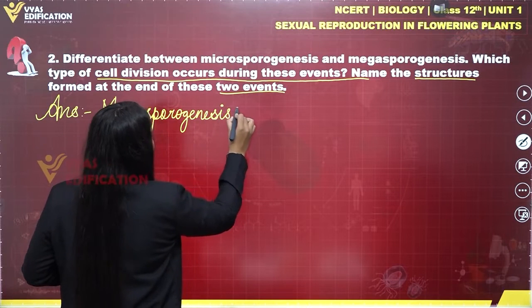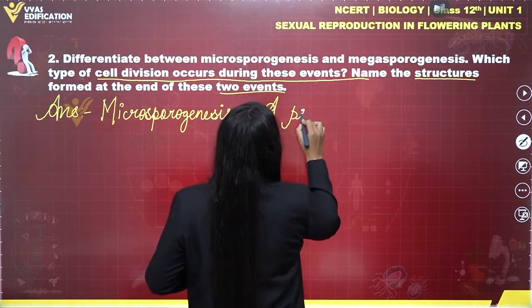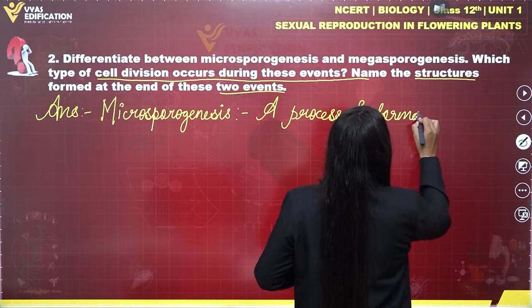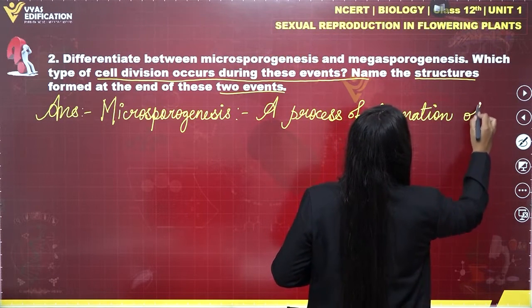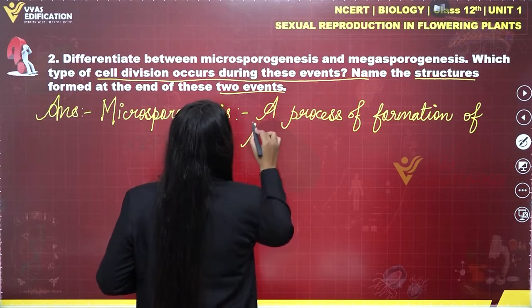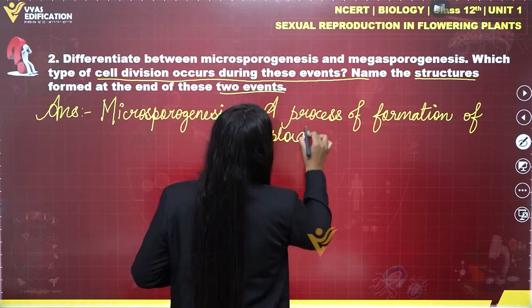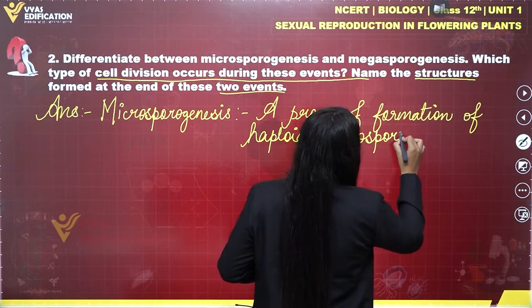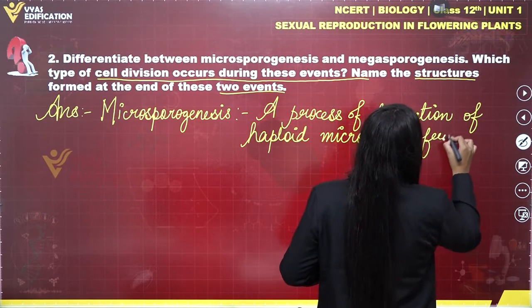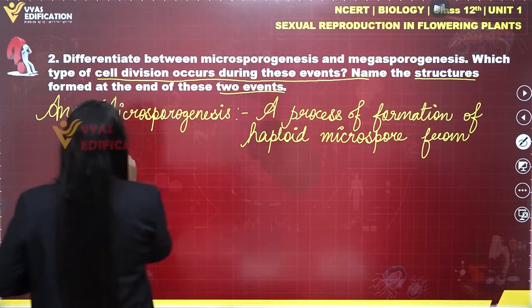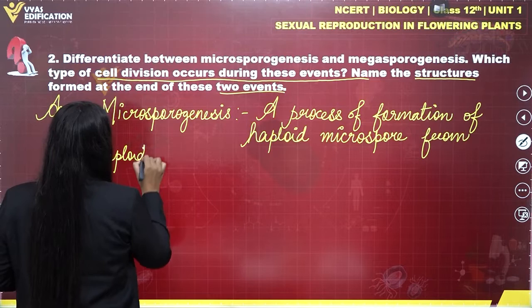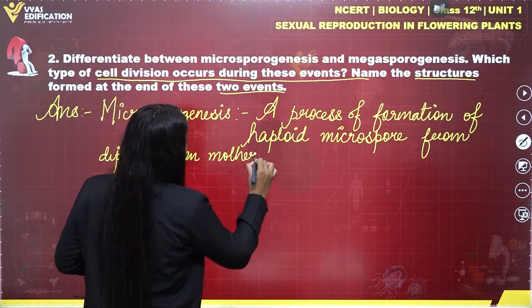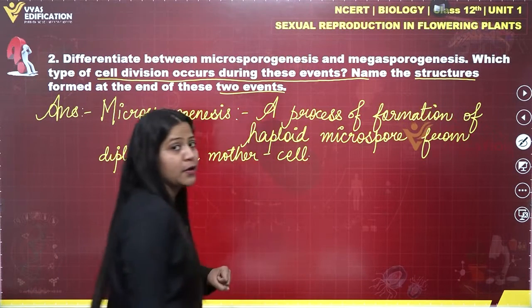Microsporogenesis, a process of formation of haploid microspore from diploid pollen mother cell, or we can call it microspore mother cell.